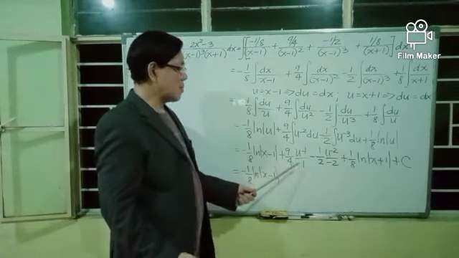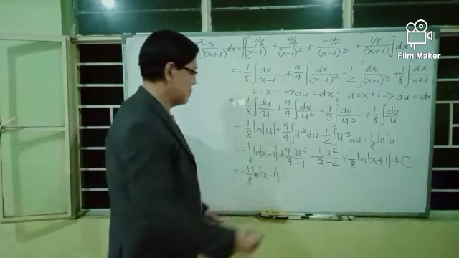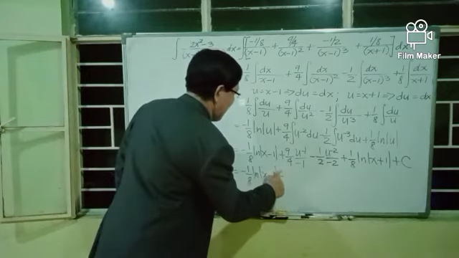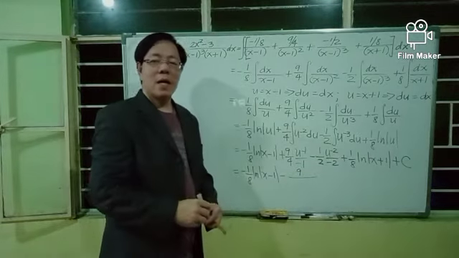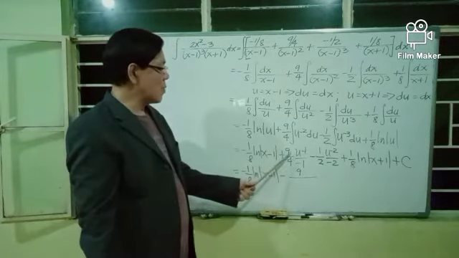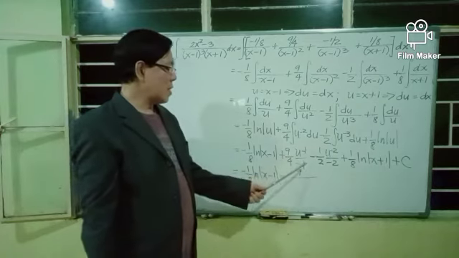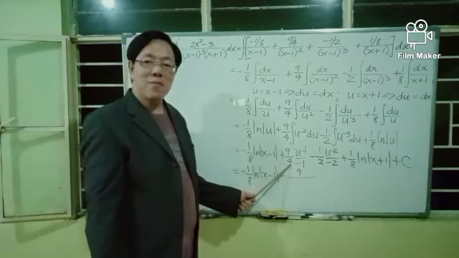Here we have positive times negative is negative 9. And we do not want negative exponents in the final answer, so we bring u to the negative 1 in the denominator. In the denominator, we have 4.